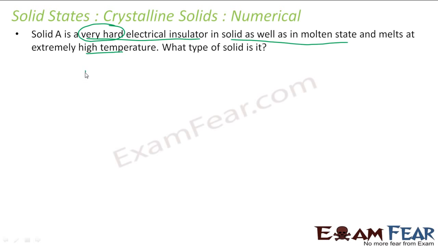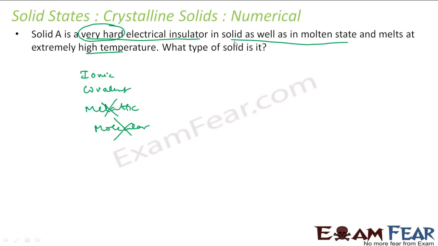It can be either ionic, covalent, or metallic. Molecular it won't be because it's very hard. Electrical insulator, so it won't be metallic also.